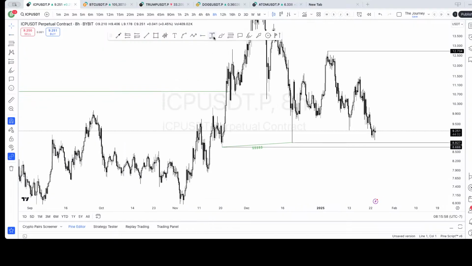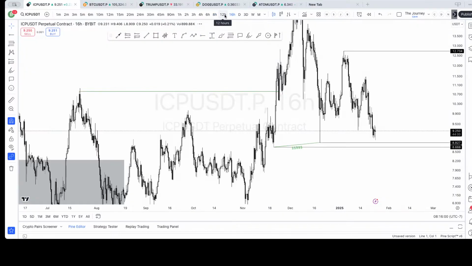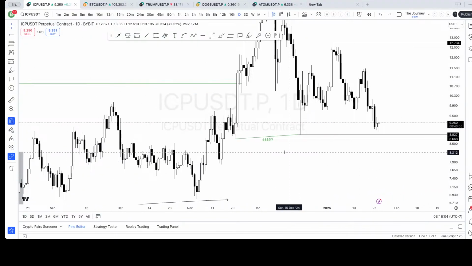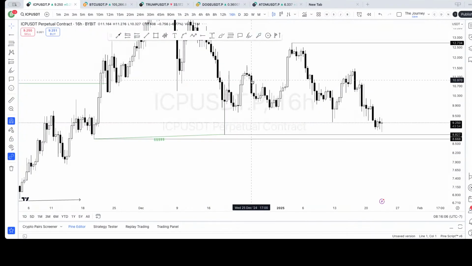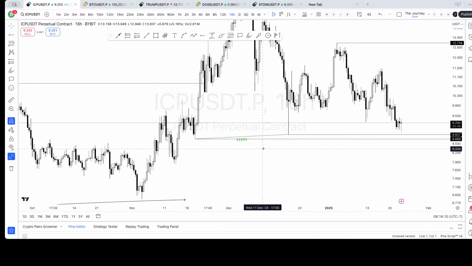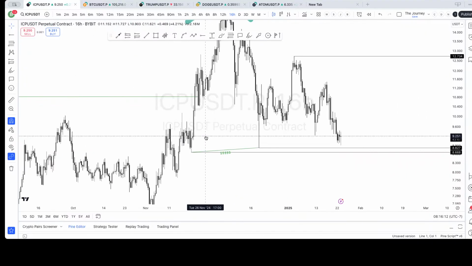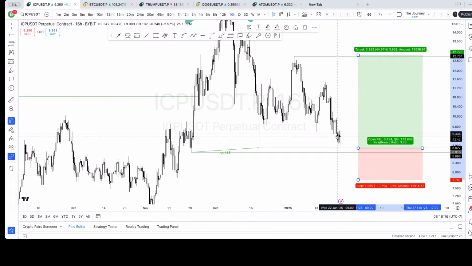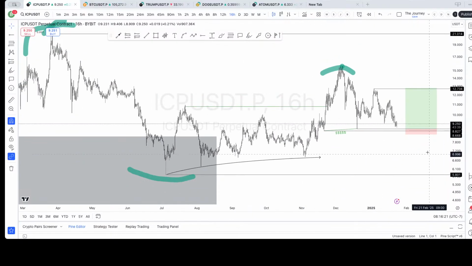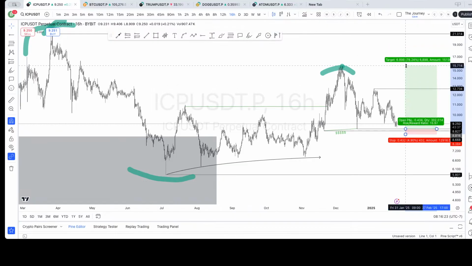Is there demand here? I had a feeling it wasn't going to quite be there. No, it's down a little bit lower. This is the area I like the most on the ICP: a sweep of those lows, and then rotation potentially all the way back up to this high.